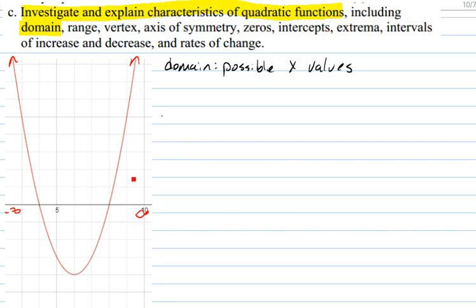So where I'm going with that is that your domain, that's your possible x values. For this particular function, any x value is good. So that means that our possible x values would be anything from negative infinity to positive infinity.